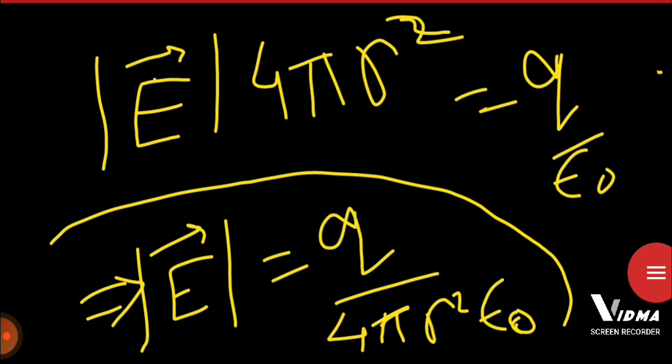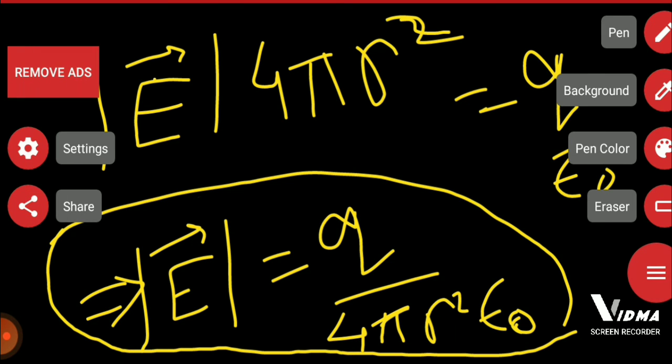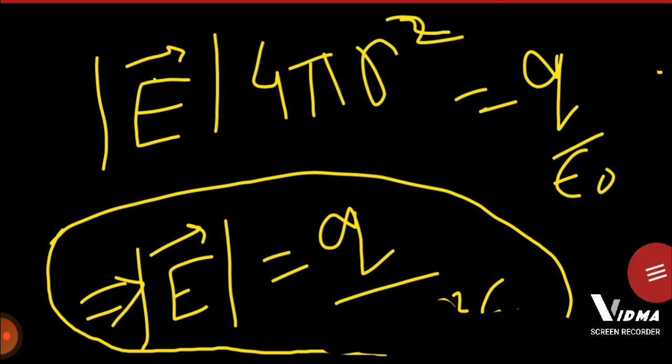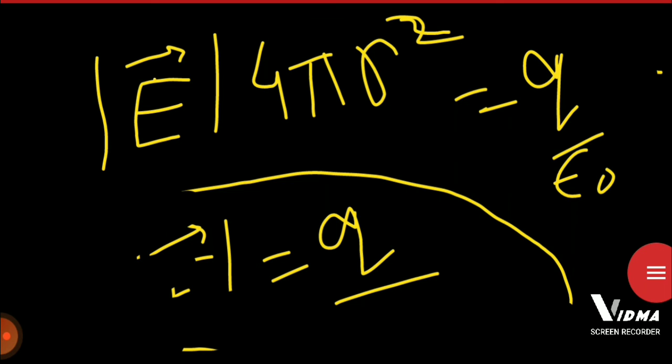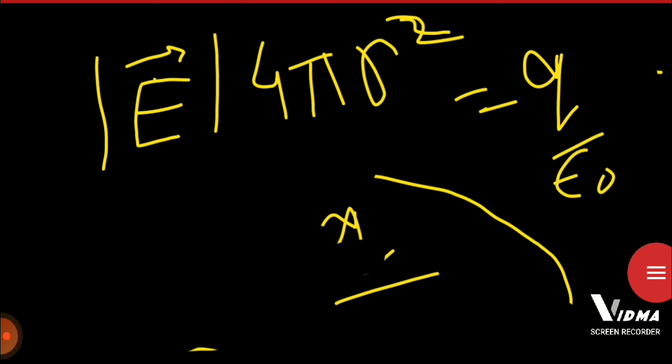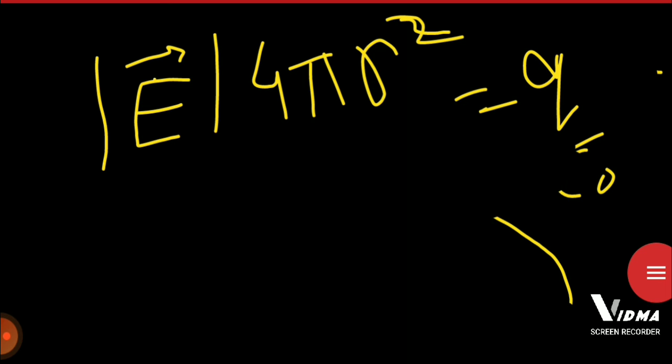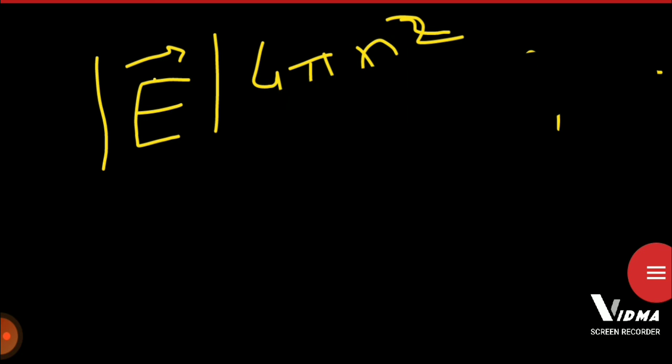Now you will tell me that it is an electric field. Electric field is what quantity? Electric field is a vector quantity. And what do we know by the definition of a vector? A vector is a physical quantity that has both magnitude and direction. So we have got here only the magnitude of the electric field.